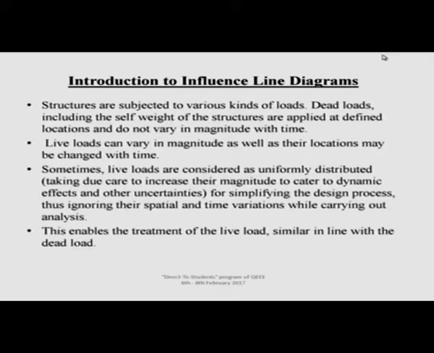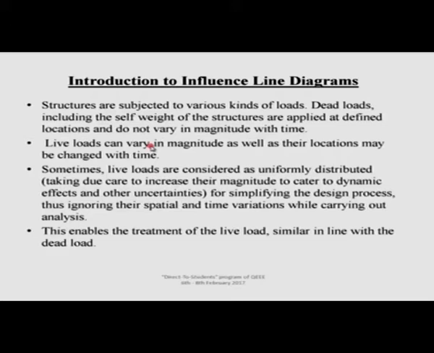Structures are subjected to various kinds of loads. Dead loads, including the self weight of the structures, are applied at different locations and do not vary in magnitude with time. You are familiar with this. Live loads vary. I am not directly reading the slides; you can read them at your leisure, and I am just giving the essence. Live loads can vary in magnitude, and their locations may change with time. How to deal with that?